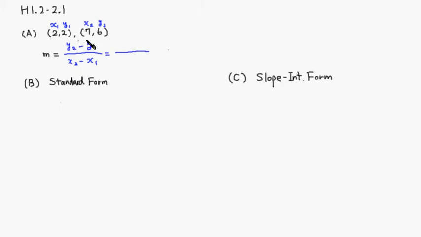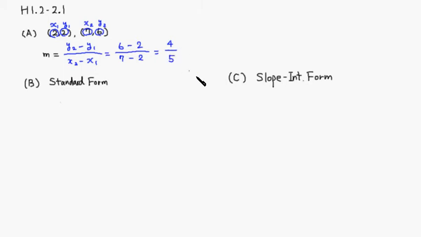After that you just have to do number crunching. y2 is 6, I put that in, minus y1 is 2. x2 is 7, and minus x1 is 2. Compute that: 6 minus 2 is 4, and 7 minus 2 is 5.